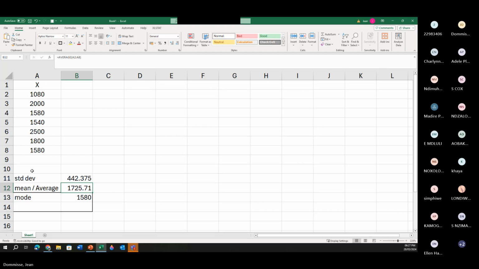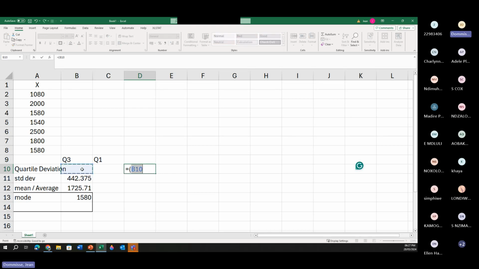So again, for this, we don't have a quartile deviation, but let us write it in, so that we say it is Q3, Q1, and then that answer would be equal to Q3 minus Q1, divided by 2.